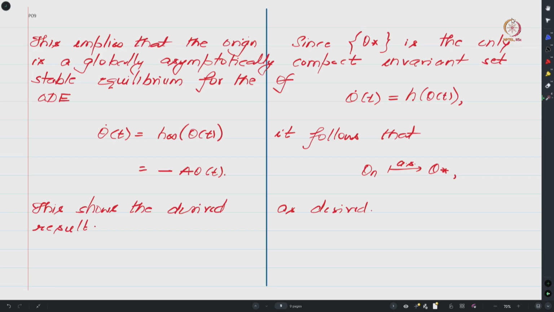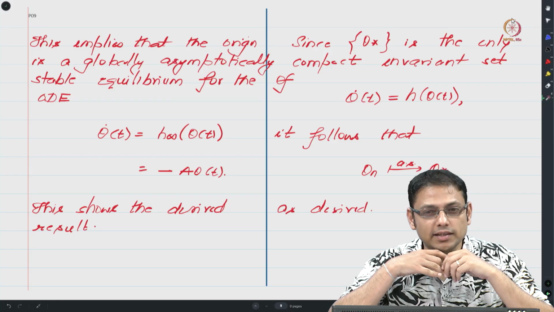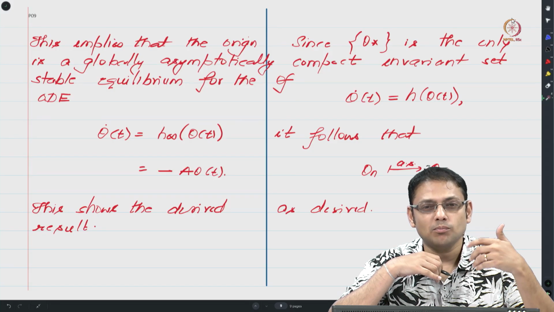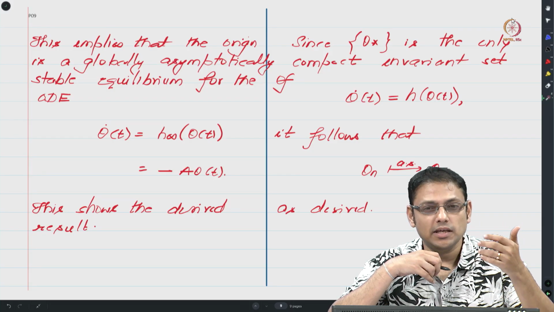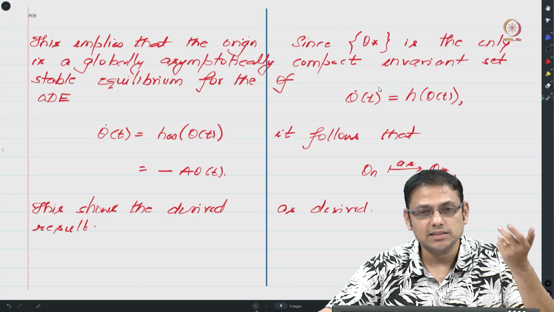Now this sort of verifies all the assumptions, and hence one can conclude that indeed the iterates of your TD0 algorithm will converge to some non-empty connected compact internally chain transitive invariant set of the limiting ODE theta dot of t equals h of theta of t.